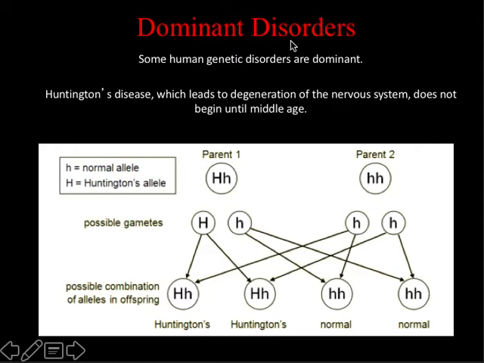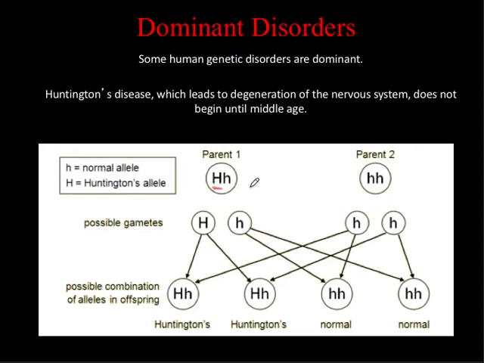An exception to this, though, is Huntington's disease. Huntington's disease doesn't begin until middle age. So even if you are born with this, you don't know it until after you've had children. And it's especially problematic because it's a dominant allele, it overpowers the recessive alleles.